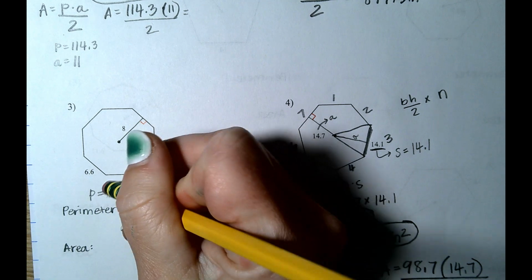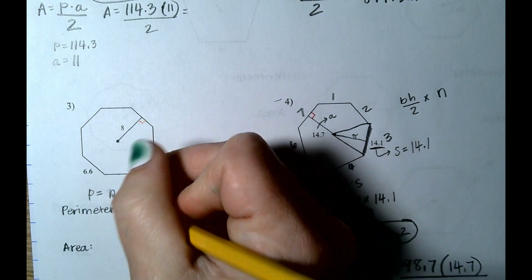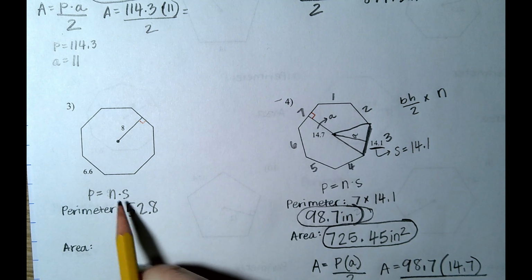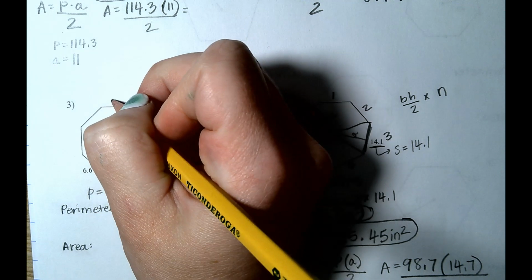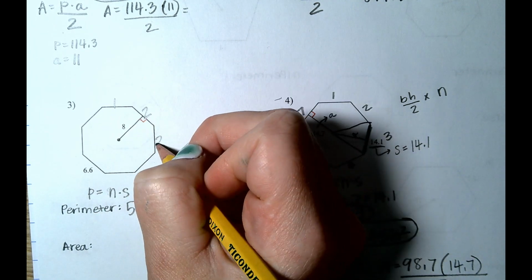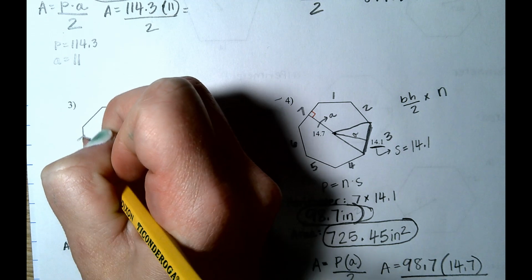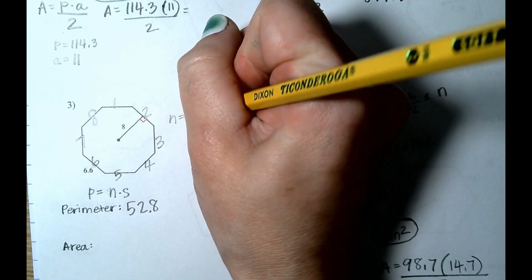I wrote it backwards. We have n for the number of sides times the side length. So first we want to see how many sides we have. So we'll count 1, 2, 3, 4, 5, 6, 7, 8. So that means the number of sides here is 8.